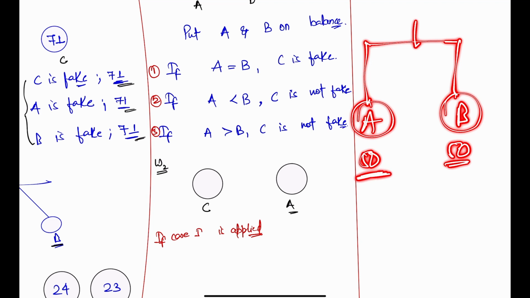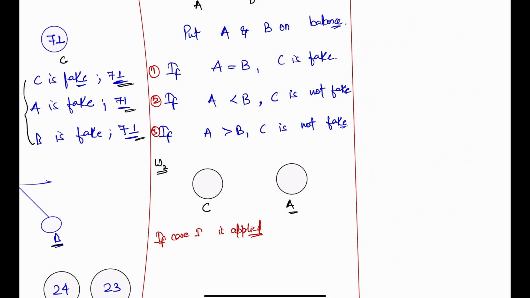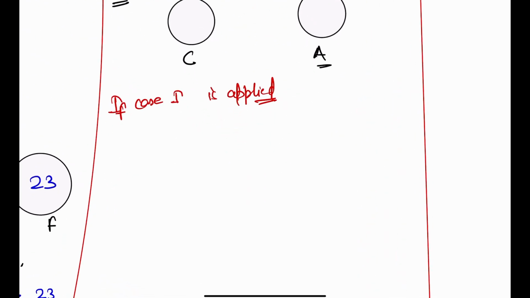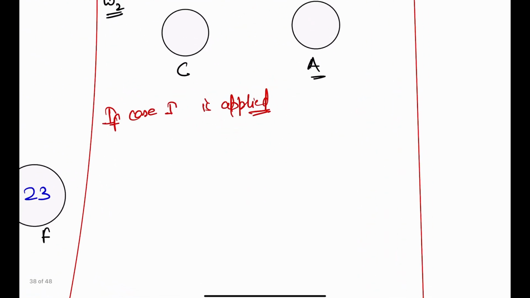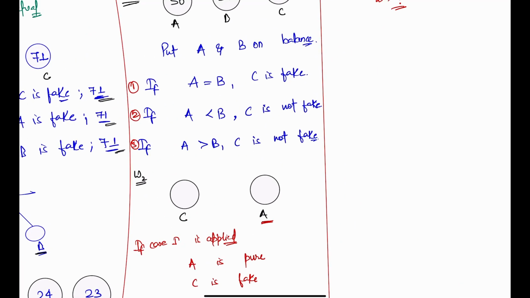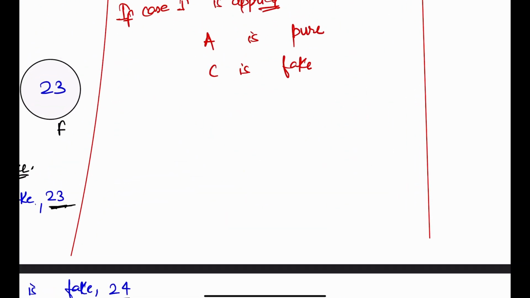If these 50 coins are of equal weight, then I can say that the C pouch which has 50 has the fake, but we are not sure if the fake one is heavy or not, because we haven't weighed. But when we measure with C and A, we know that A is pure, C is fake. How do we get this? From here, in case 1, C is fake.